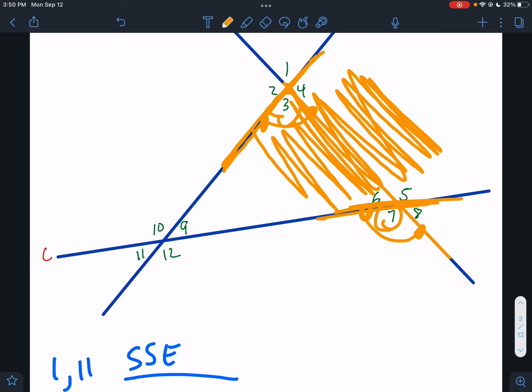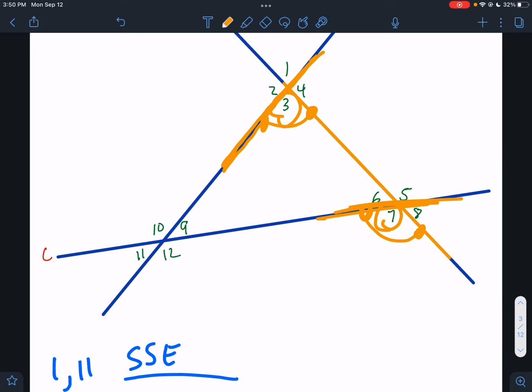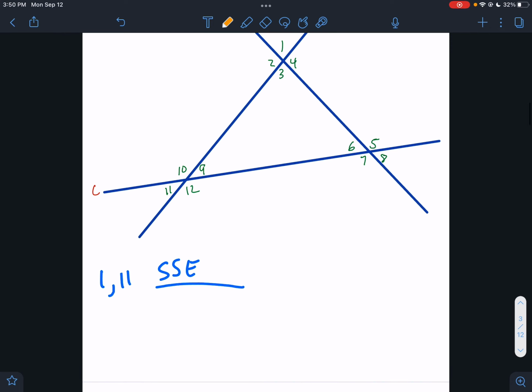So either there's no relation, there's no name, or it's corresponding. Remember, if they're one inside, one outside, we can't say they're exterior, we can't say they're interior because there's one of each. So at that point, it's either corresponding if they're on the same side, and it's no name if they're on alternating sides. And these are on the same side of the transversal. So 3 and 7 would be corresponding angles.